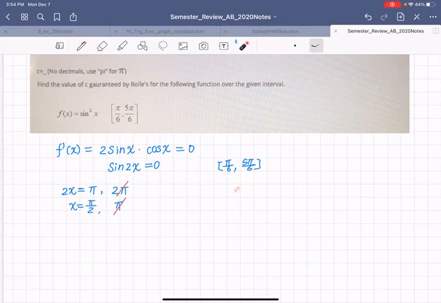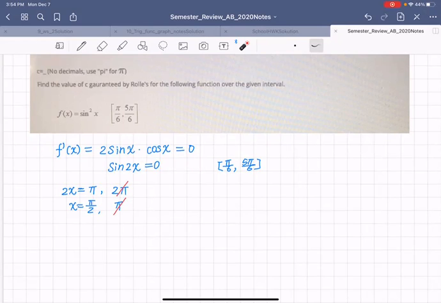Okay, and if it is in the range, then what? Let's say it was pi over 6, comma 7 pi over 6. Then you choose one more. Oh, so you'll have two answers for x. Right. Rolle's theorem guarantees you have at least one. You might have multiple.